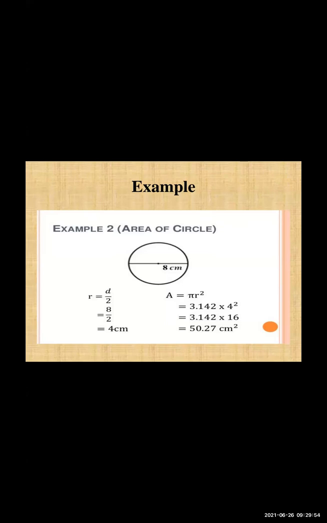So this becomes 3.142 multiplied by 16, which is 50.27 centimeter square. You can do the calculation at home and try it by yourself. So the answer will be 50.27 centimeters square.